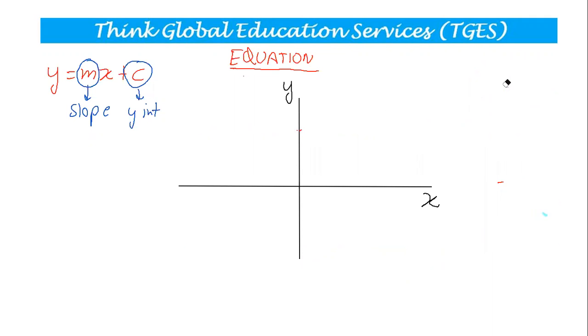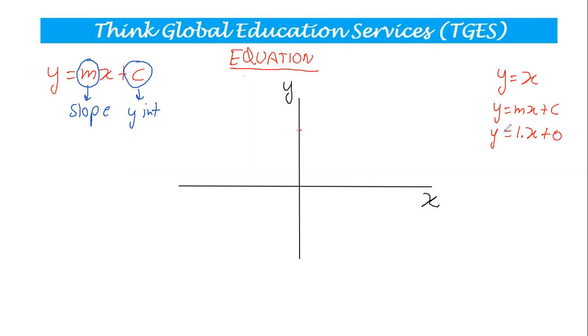So let's say this time I take the equation as y is equal to x. If I want to express this line into the standard form, that is y is equal to mx plus c, I can clearly see this time the coefficient of x is 1. So 1 into x plus there is no constant, so that's 0.